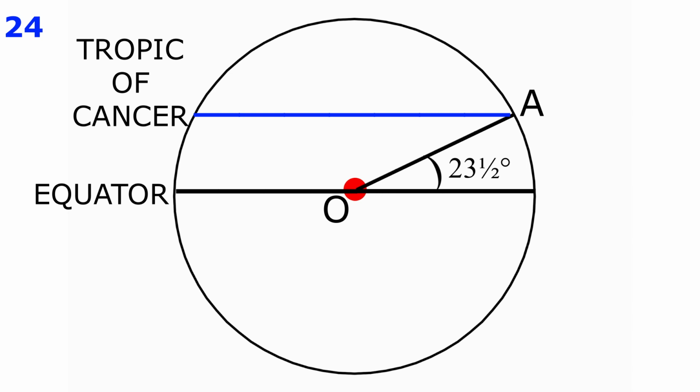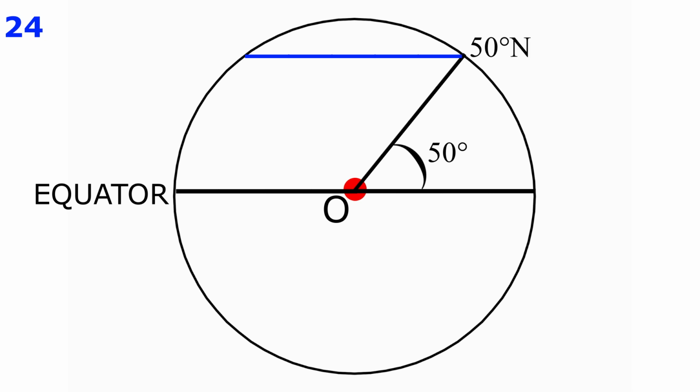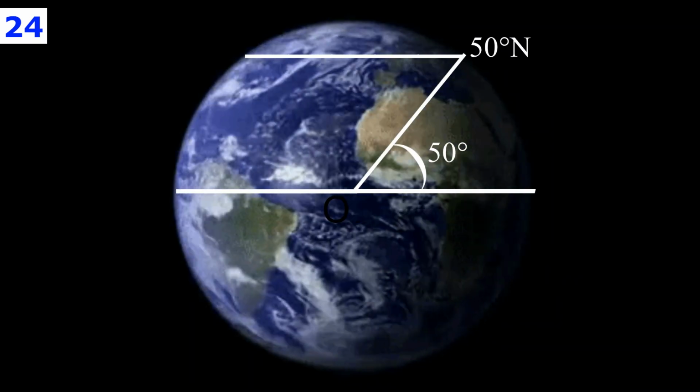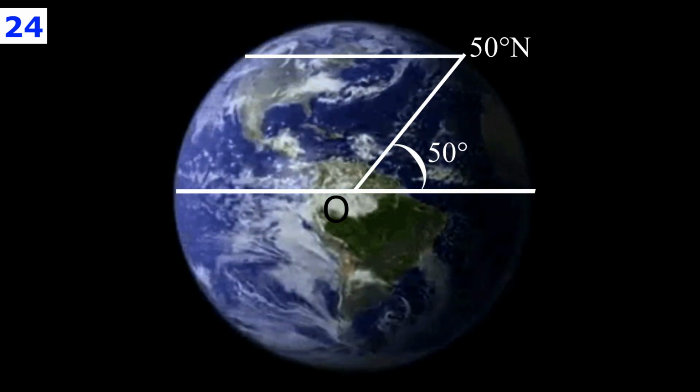Okay friend? Friend, suppose 50 degree north. The 50th parallel north is a circle of latitude that is 50 degree north of the Earth's equatorial plane. It crosses Europe, Asia, the Pacific Ocean, North America and Atlantic Ocean.